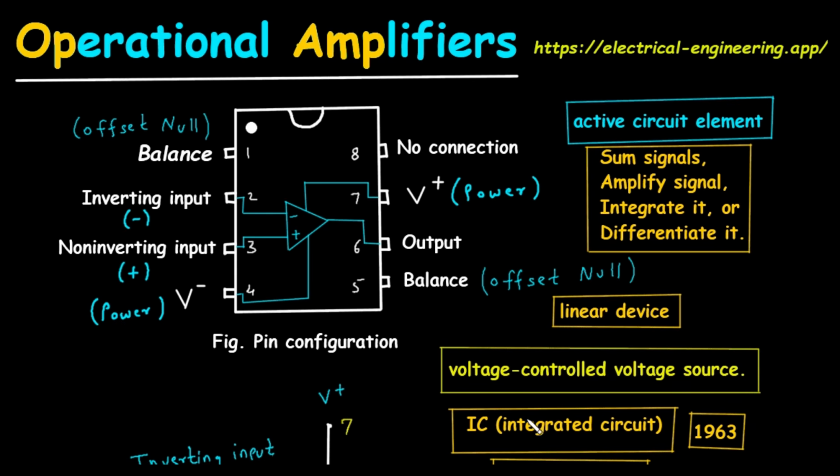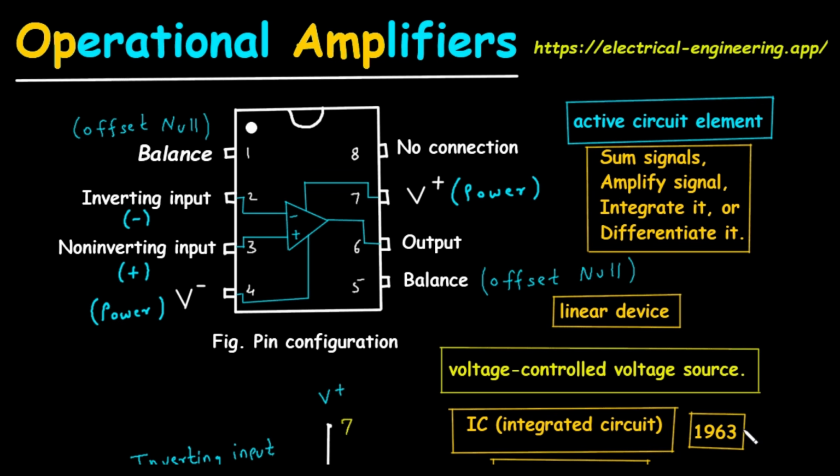Then next is integrated circuit, IC. Finally, a bit of history. Operational amplifiers, or OpAmps, are integrated circuits, meaning all their complex internal circuitry like transistors, resistors, etc. is fabricated on a single tiny chip of silicon.